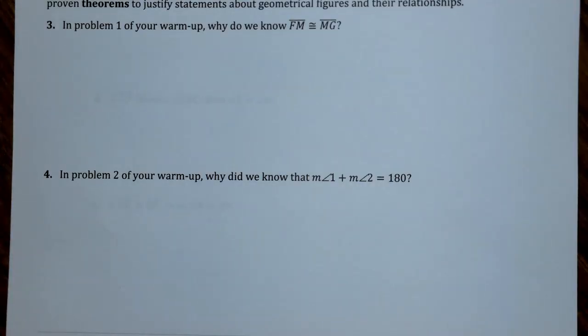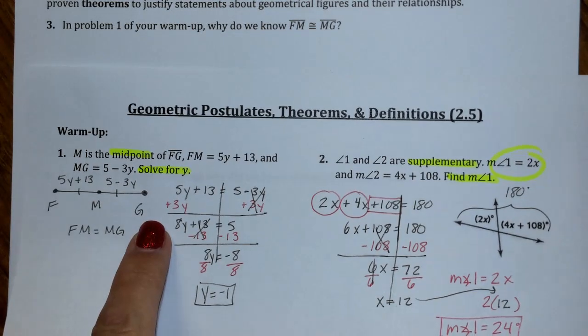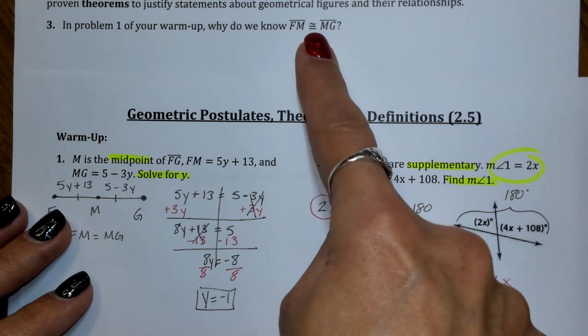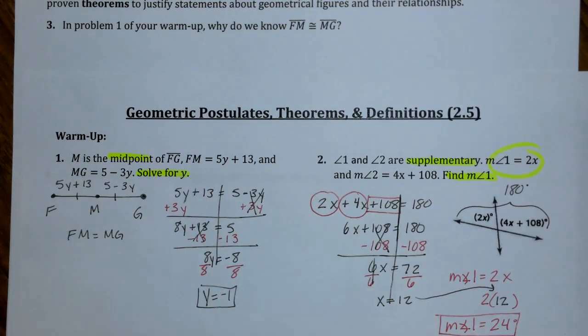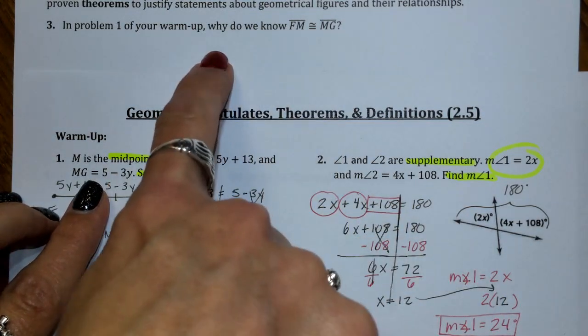What we're going to do now is take a look at number 3 and 4 back on our notes, okay? We're looking at number 3 and we're going to go back up to number 1 on the warm-up. They're asking us, how did we know that segment FM was congruent to segment MG? So in that hypothesis and conclusion, we had some things highlighted, and one of the things is going to be in the warm-up, one's going to be in number 3.